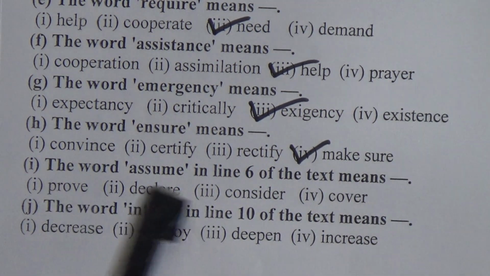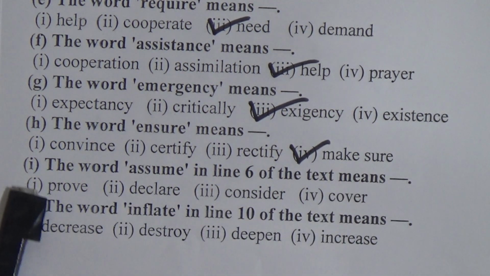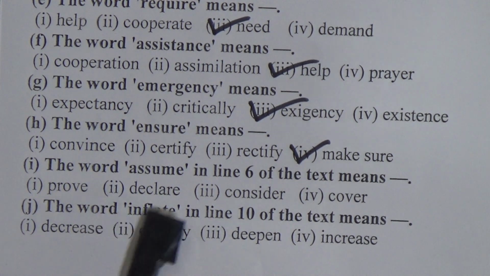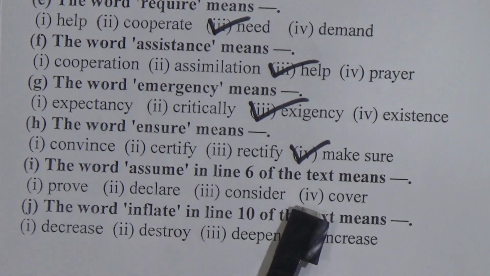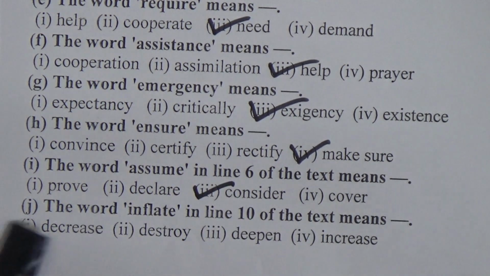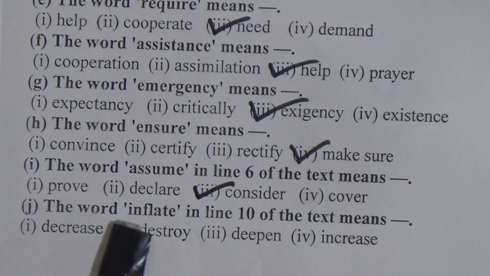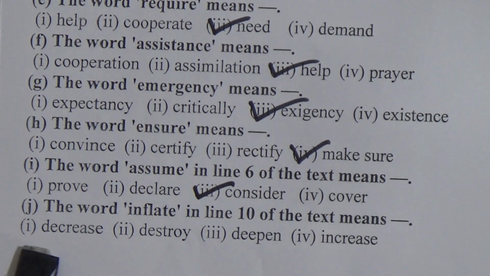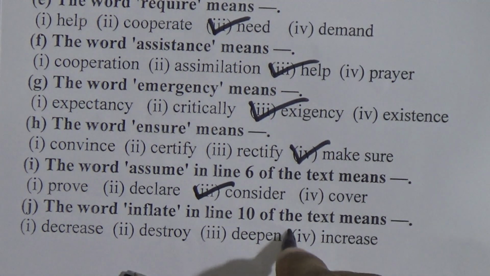The word assume in line 6 of the text means prove, declare, consider, cover. So assume means consider. The word inflate in line 10 of the text means decrease, destroy, deepen, increase. So the word inflate means increase.